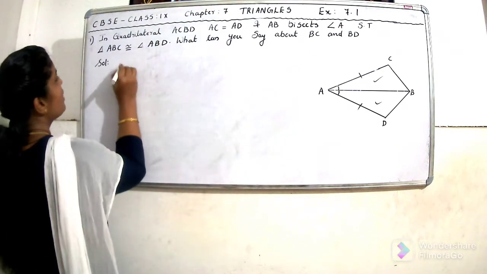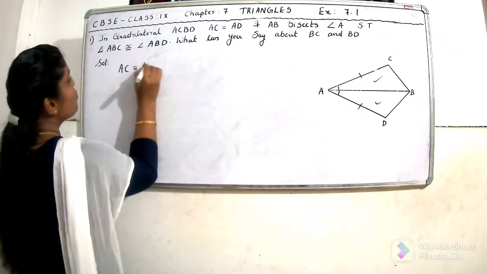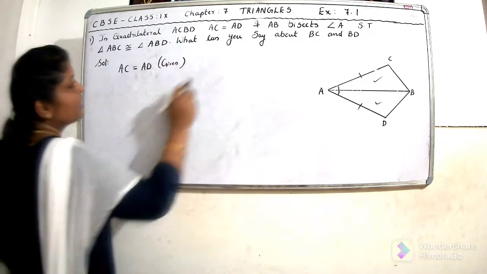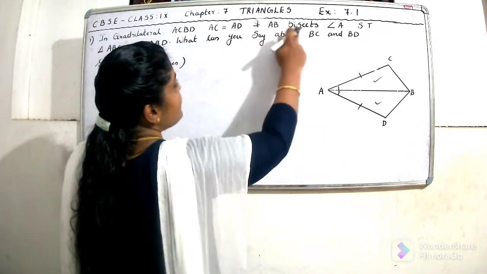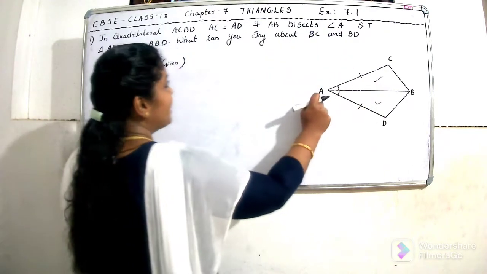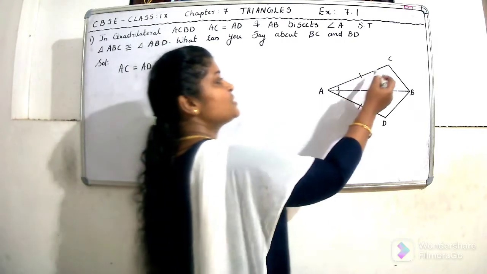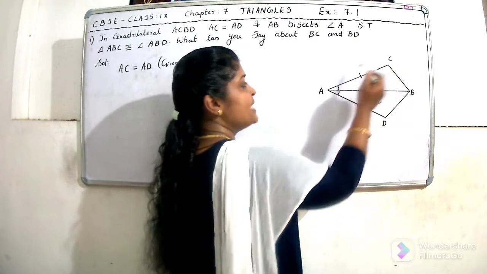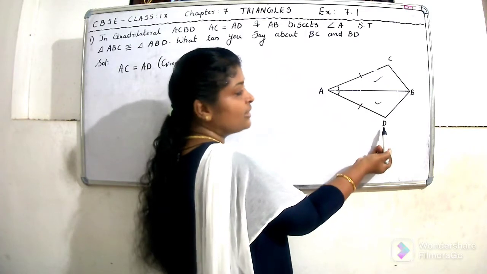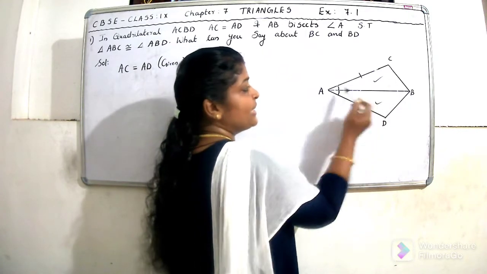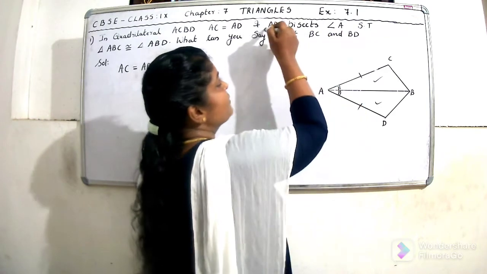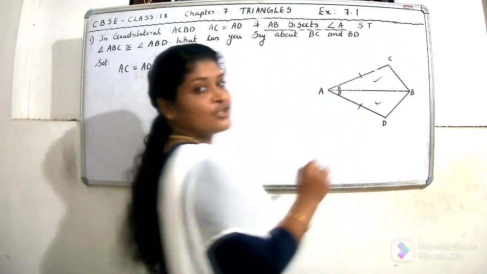First of all, AC equals AD, given. Then AB bisects angle A. The line AB is bisecting angle A. So in this triangle, angle CAB, and in the second triangle, angle DAB, these two angles are equal. From this statement we understood that.